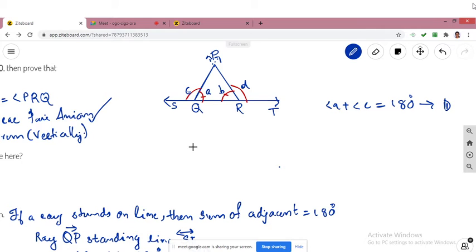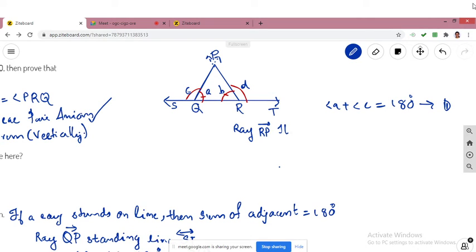Now consider another ray and another line so that we can prove that these two angles are equal. So, let us take ray PR. RP, ma'am. Yeah, ray RP. So you are taking ray RP, standing on the line ST, ma'am.